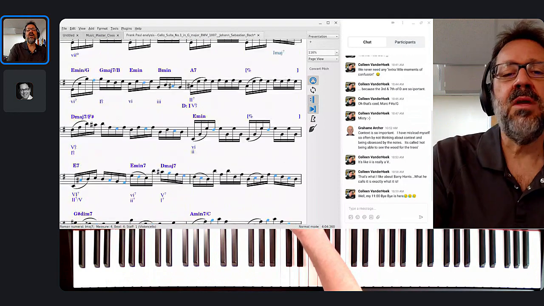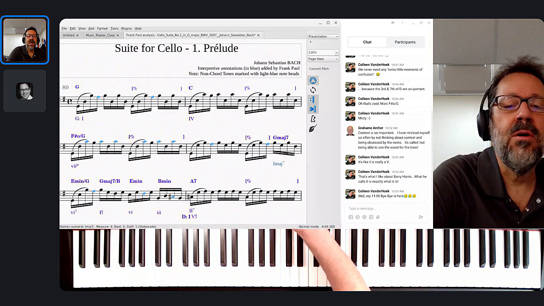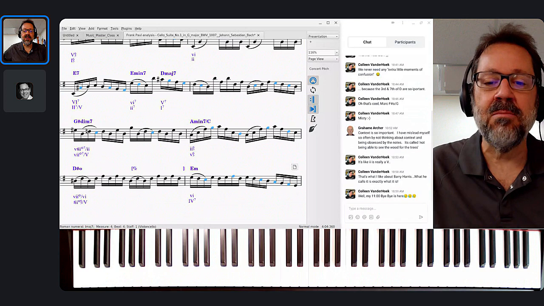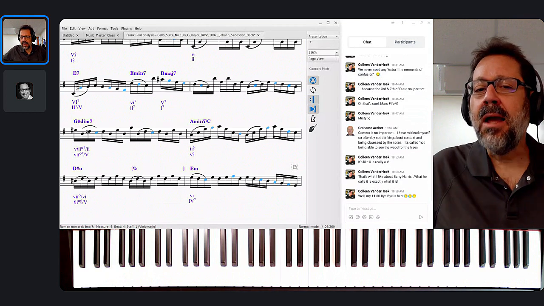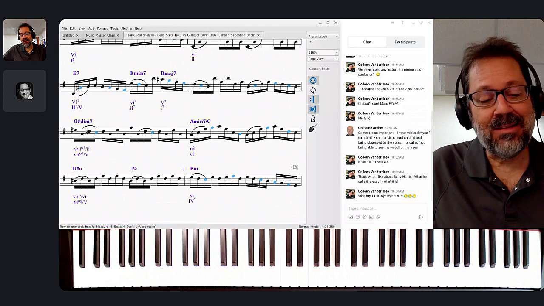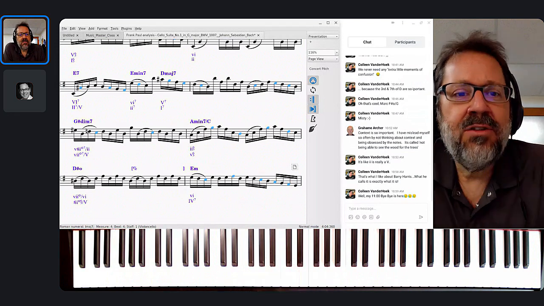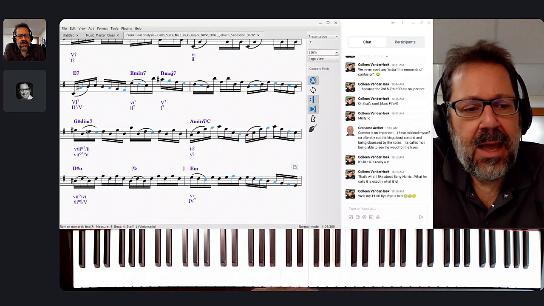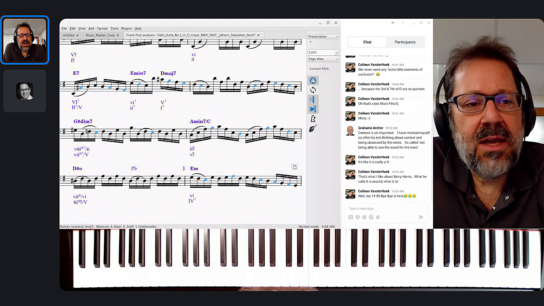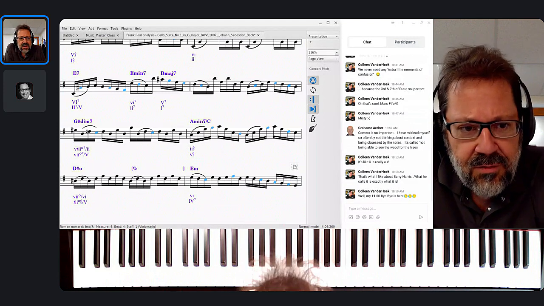So here's my last overall comment about this, because we've gone through the first page of this, and then we're going to see some more of the same kinds of things. My claim to you, and I think this is a pretty good claim, is if you're analyzing a Bach piece and you see a non-diatonic chord.